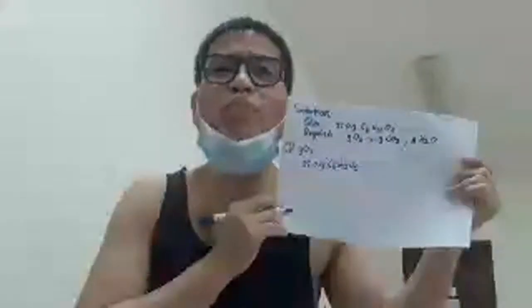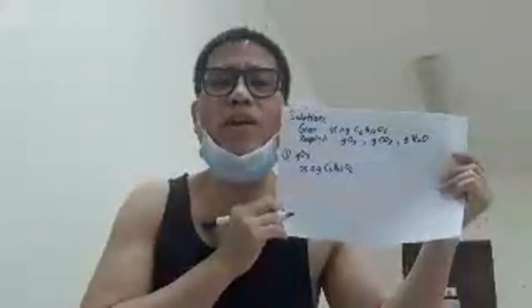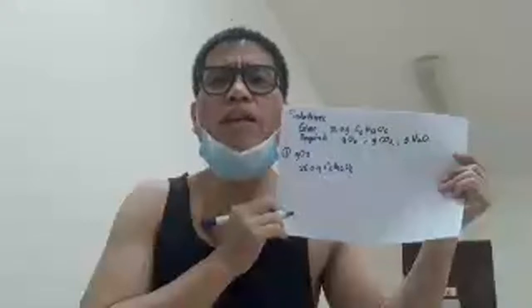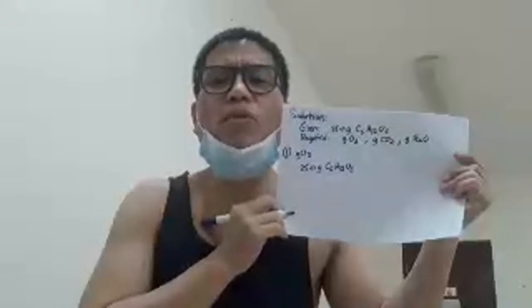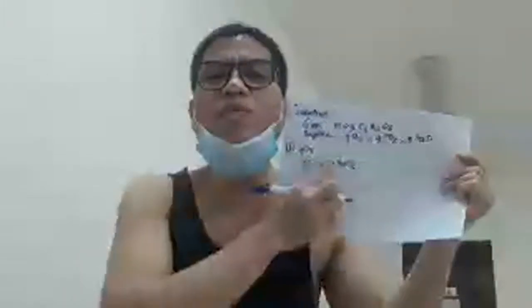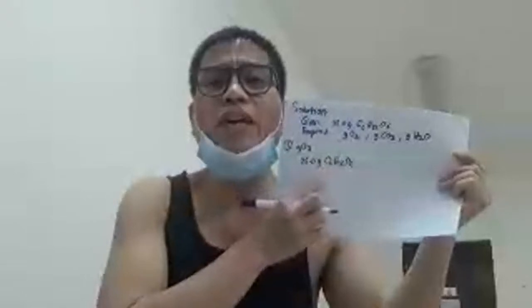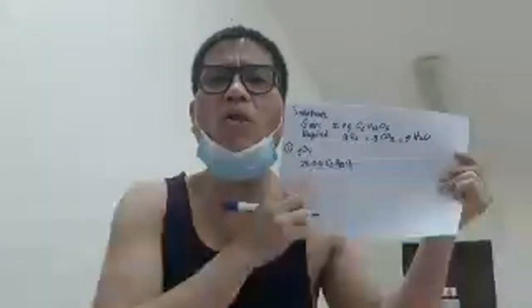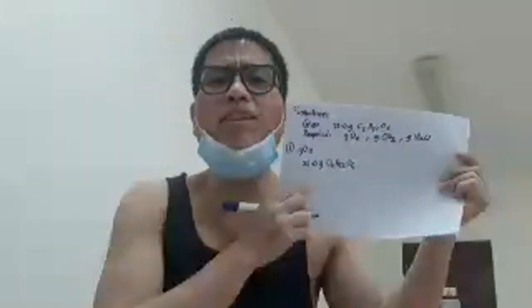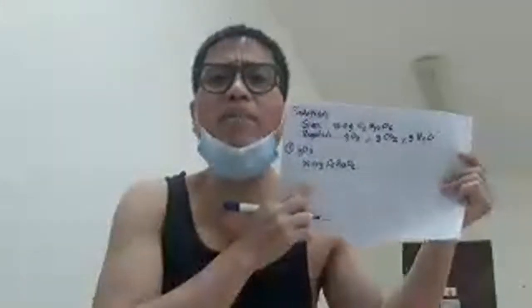We need to employ the basic theory and basic principles: mole, molar mass, molecular weight, atomic mass. Since glucose is given, we need to compute for the molar mass or the molecular weight. In basic chemistry, for the molecular weight of a compound, we multiply the number of atoms of each element by its atomic mass unit.